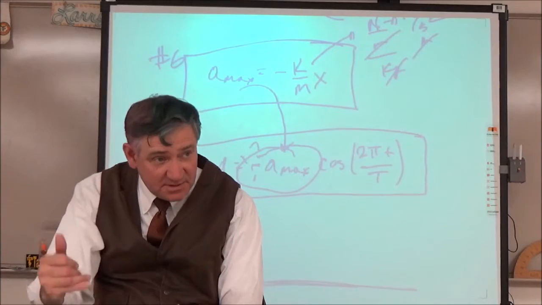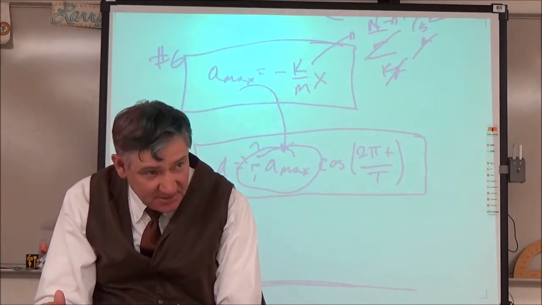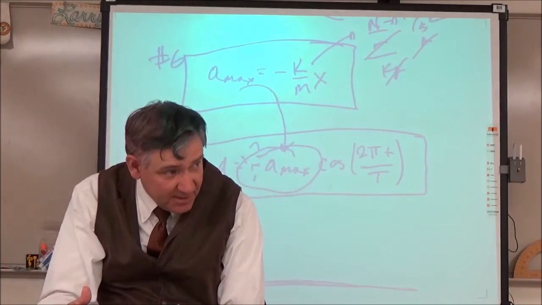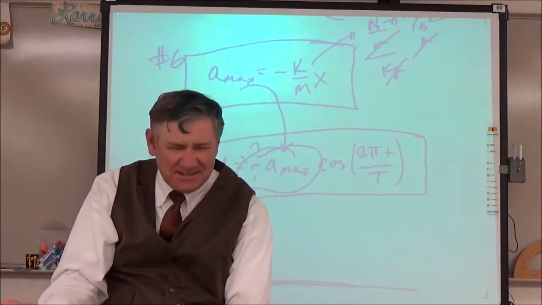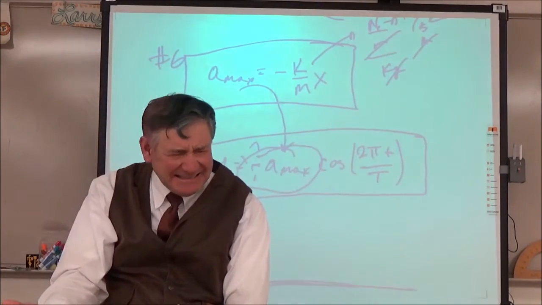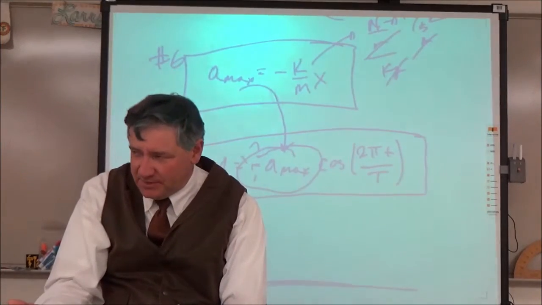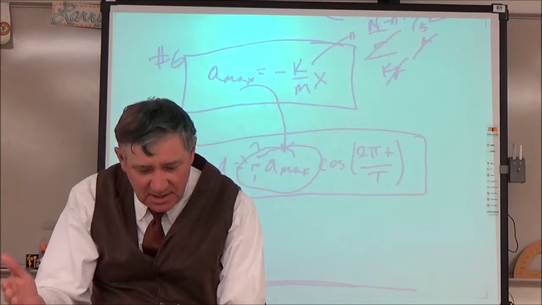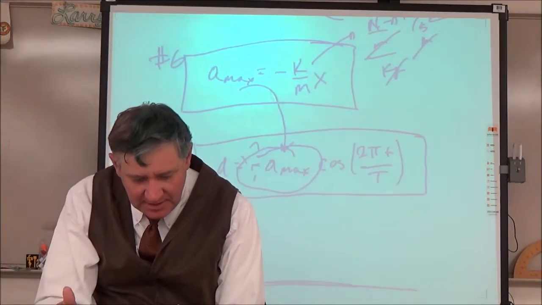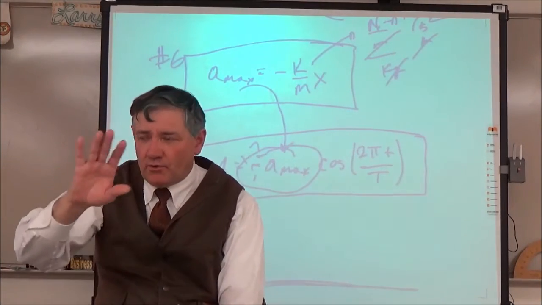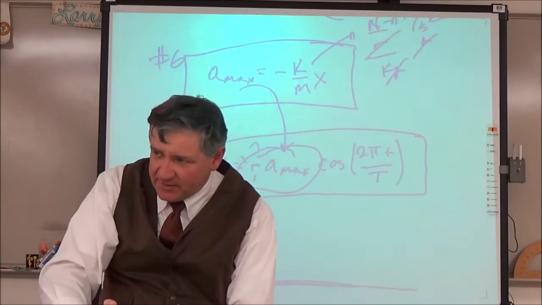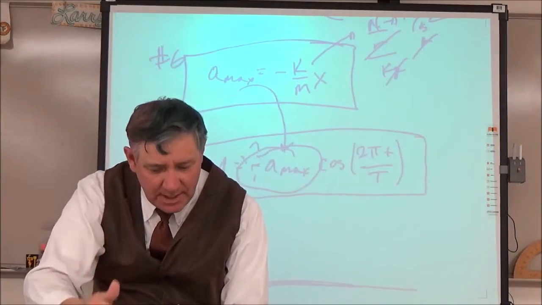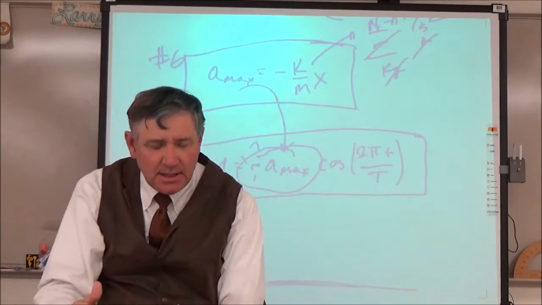I want to see the tangent lines. Draw them so that I can see them. If I have to guess, like, did they draw the tangent lines or not? I'm not going to give you the benefit of the doubt. Make sure that I can see those tangent lines, and then you're going to be able to answer number 11. Don't worry about number 12. I've got a demo that I've got to set up for number 12. So you should at this point be able to work 8, 9, 10, and 11.